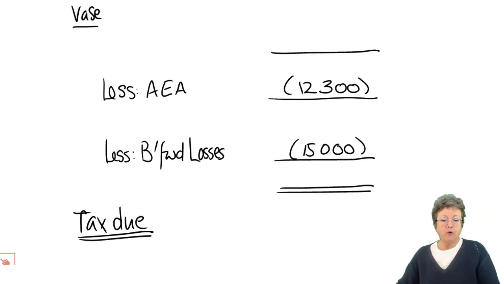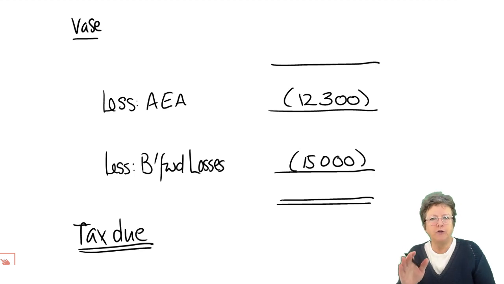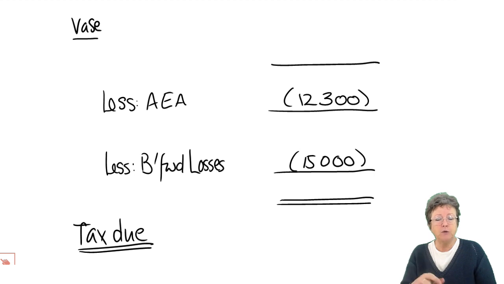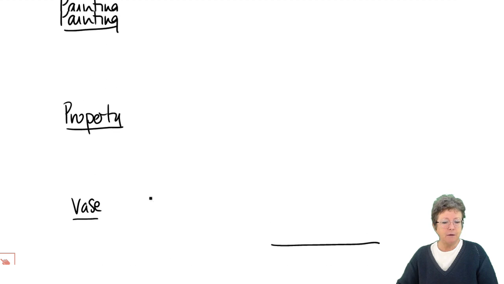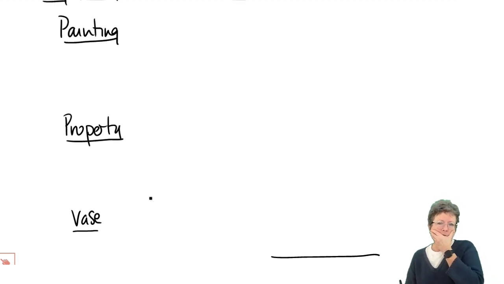Now, if all you do is that, and I don't want you to do that, you're going to get 2 marks for it, because you know where the annual exemption goes and you know where the losses brought forward go, and you've put them in the correct place. So sometimes you need to do these pro formas in a way that's going to get you maximum marks. There may be something in there that you think, oh, I'm not sure how to do that one.